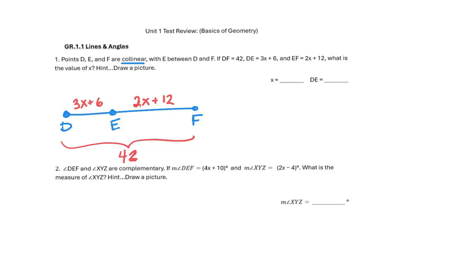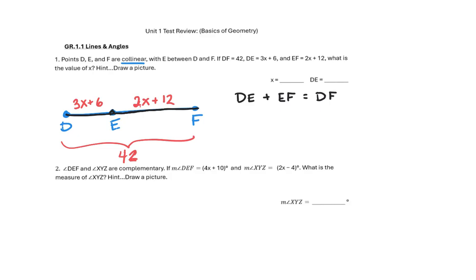So what we are able to say is that DE, the distance from D to E, plus the distance from E to F. So this distance DE, when added to the length here from E to F, will go all the way across from D to F. That's called our segment addition postulate.